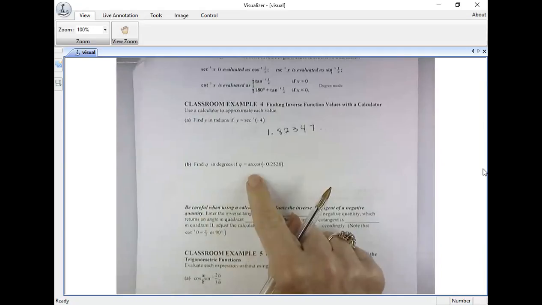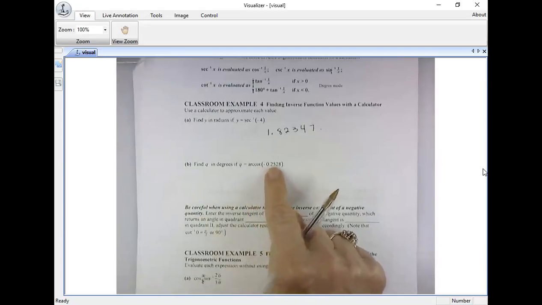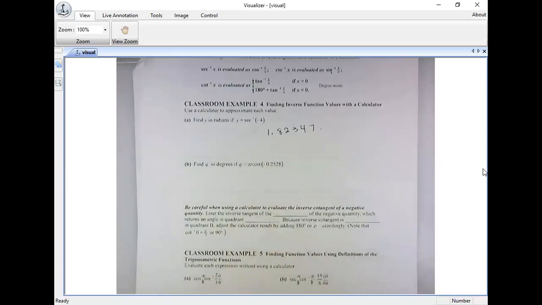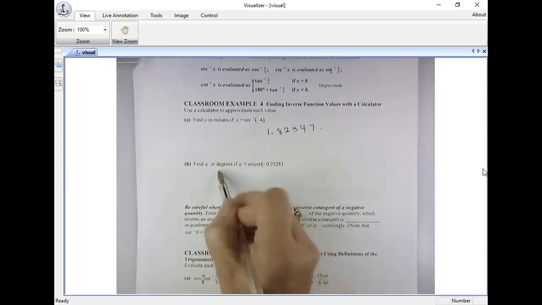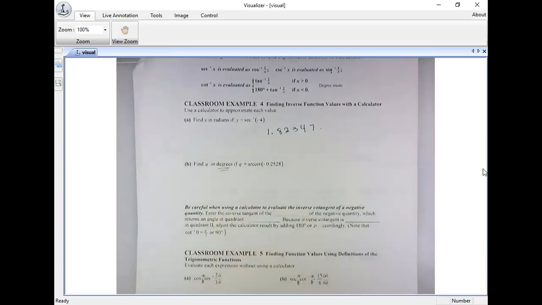Now, what about this one? See if you can tell me what would be the angle whose cotangent is this. I'm going to give you a second to see if you can put it in. And notice it says in degrees. So if you just did the last one in radians, you're going to have to go into mode and change it. You guys got it?